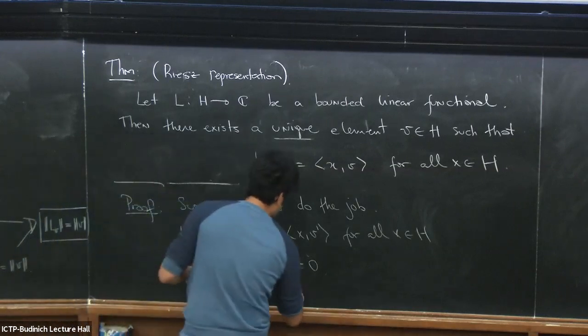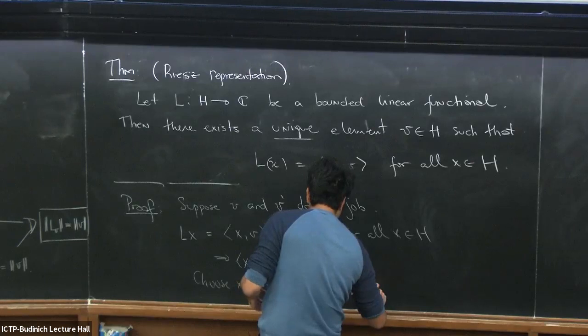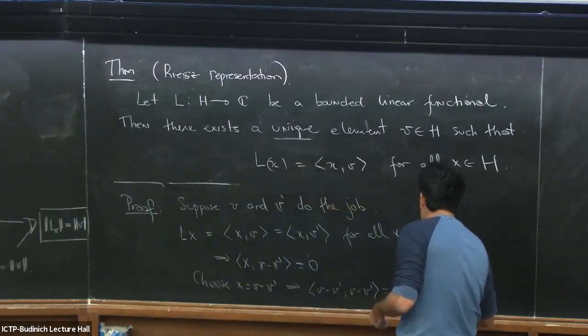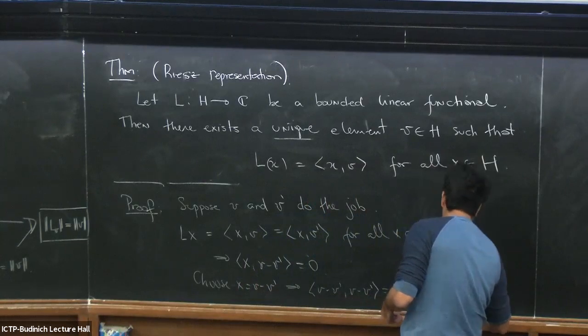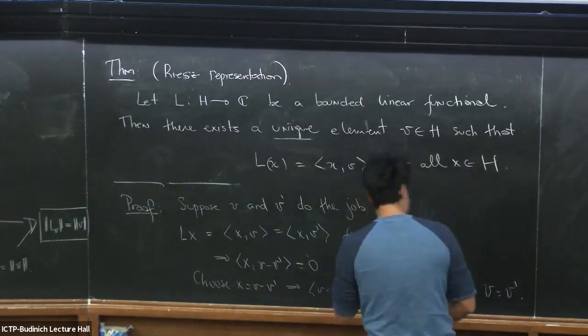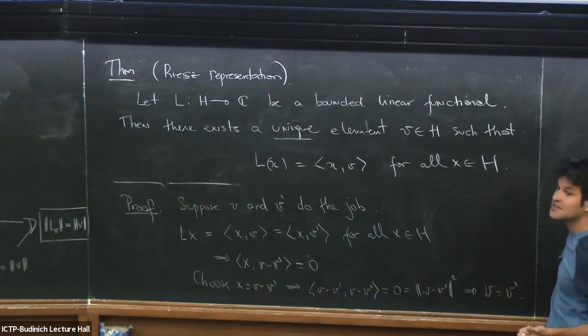And this will imply that V minus V prime scalar V minus V prime, which is 0, is the norm of V minus V prime squared. So this implies that V has to be equal to V prime. Okay, so that's the easy part. So if this thing exists, it's certainly unique.